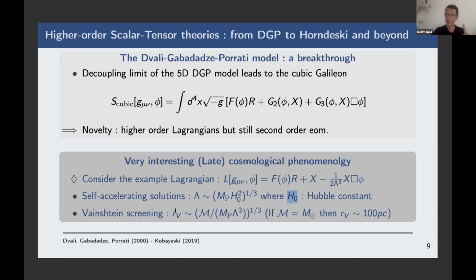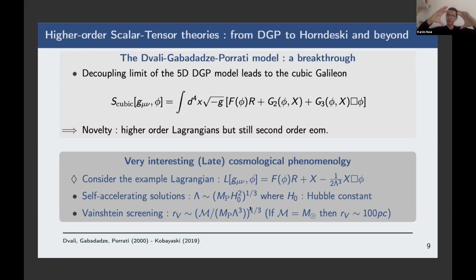Not only that, but also something interesting, which also existed previously but with a different mechanism: here you have Vainshtein screening. This means that in these theories, you can have a modification of general relativity at large scales, which allows you to have a self-acceleration of the universe, but you recover general relativity inside a radius, called the Vainshtein radius, which has this form here.